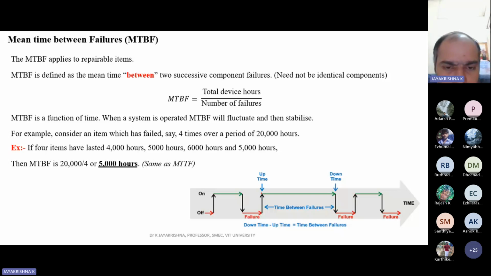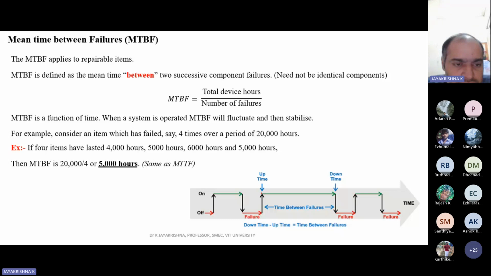Again you repair it, and after 6,000 hours the bike has failed. Then after repairing, you run the bike for 5,000 hours, and again it has failed. So if you sum it up, the number of hours is 20,000, and the number of failures is 4. So it is 20,000 divided by 4, which is equal to 5,000 hours.